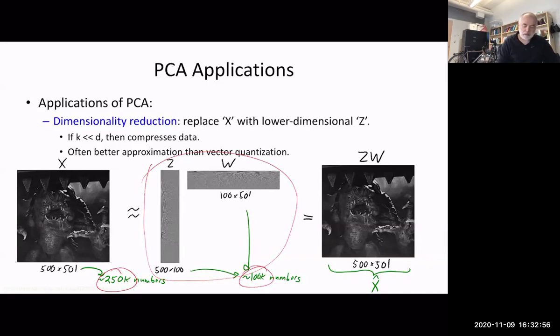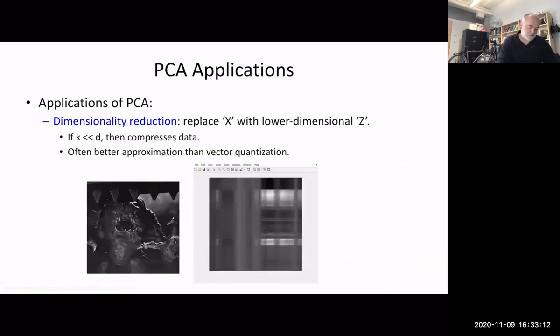This has around 100K numbers. And when you take the product of this matrix Z with this matrix W, the matrix product is basically visually identical for all intents and purposes, right? So that's fairly compelling, right?